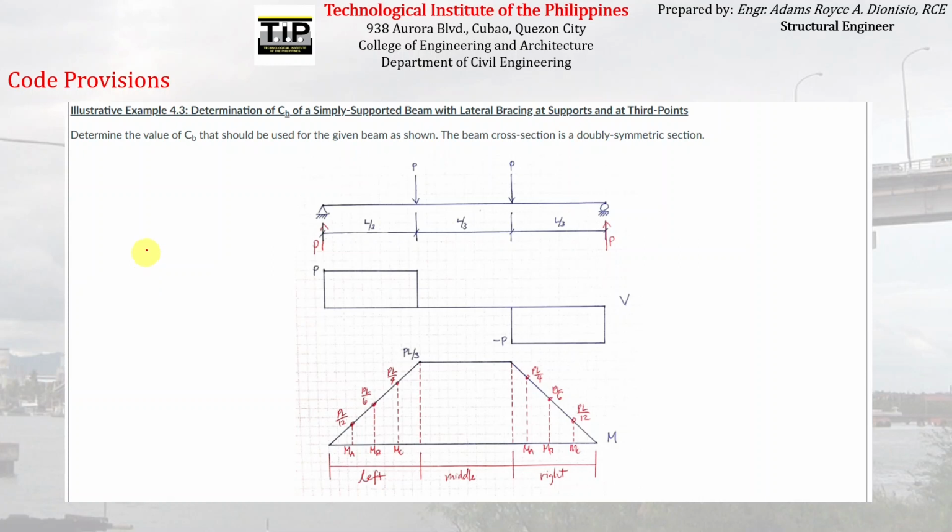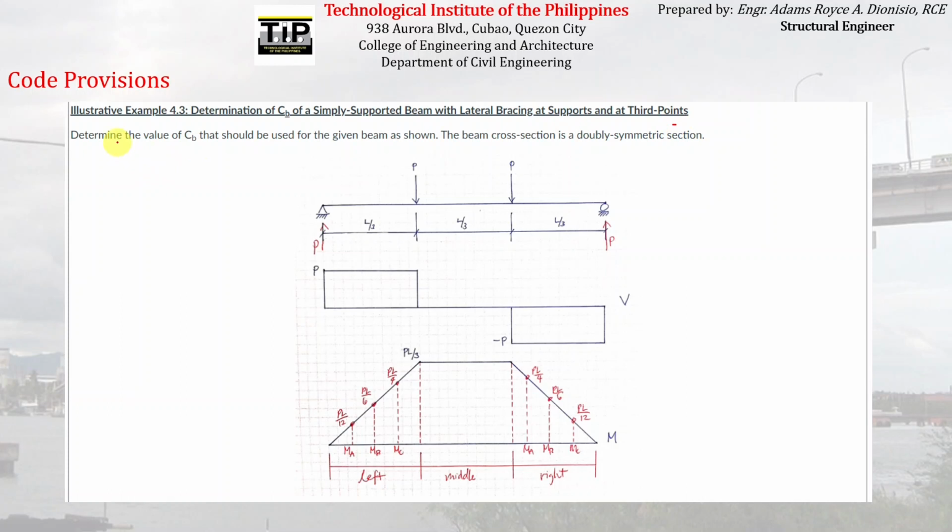So to better understand how to compute CB, the LTB modification factor, let's try to solve this illustrative example 4.3, which will tackle how to determine CB, the LTB modification factor of a simply supported beam with lateral bracing at supports and at third points.